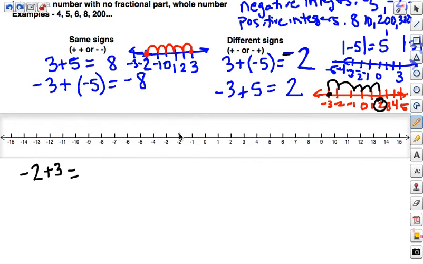So we're going to start at negative 2, and we are adding 3. If I'm adding, I'm going to be increasing, so I'm going to go to the right. So plus 3: 1, 2, 3. And that equals 1.